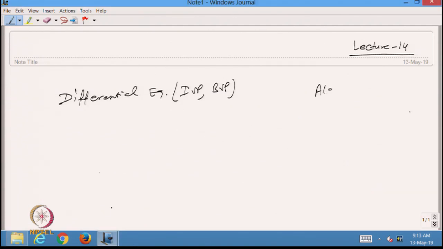I ask which one is easier to solve. If you have a differential equation on the one hand, and an algebraic equation on the other hand, which one is easier to solve? Obviously the algebraic equation will be easier to solve.